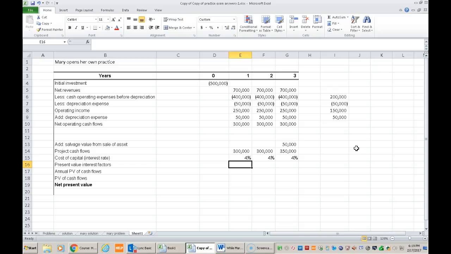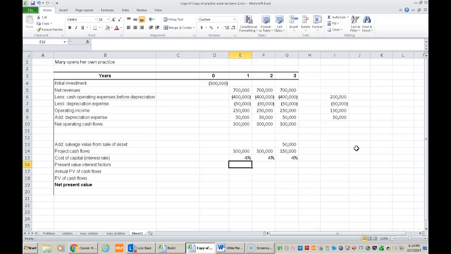I don't think many people would manually calculate that today, but they could. They could look in your book for the table, or you can do it in Excel. Excel is the best way and the way most people would do it today. But we're going to do it both with the book table and in Excel to see if we get the same answer. That's a good way to double check yourself.